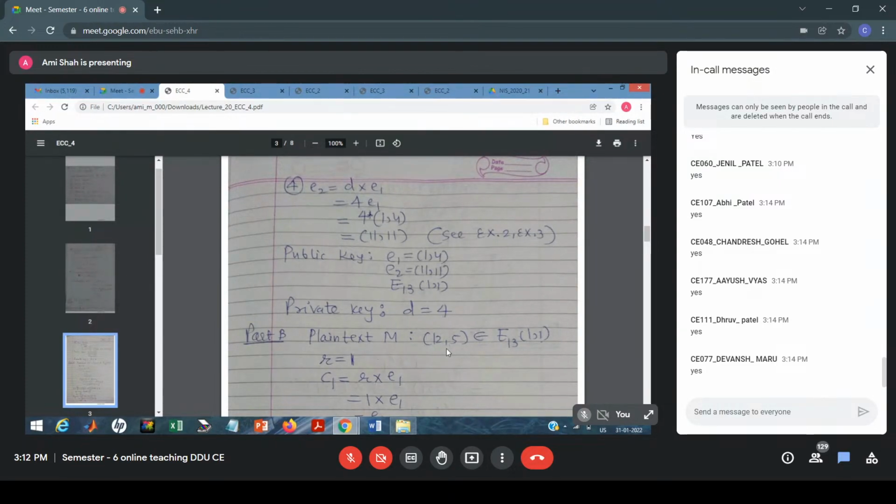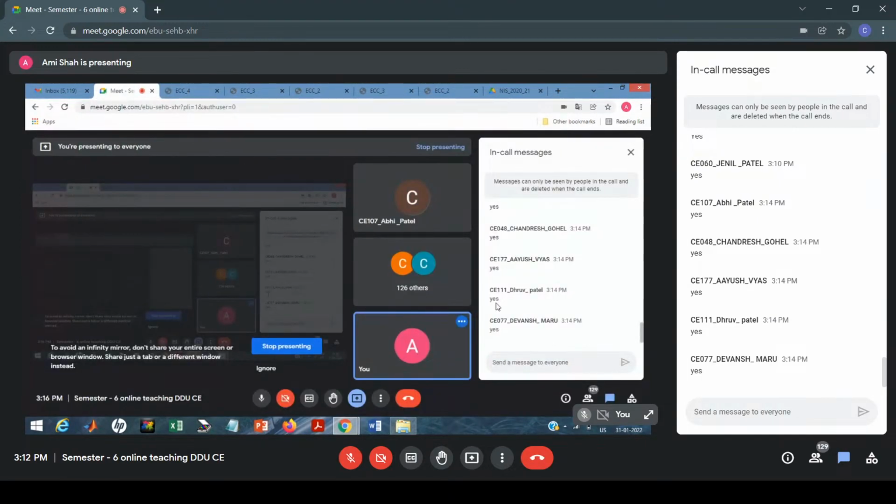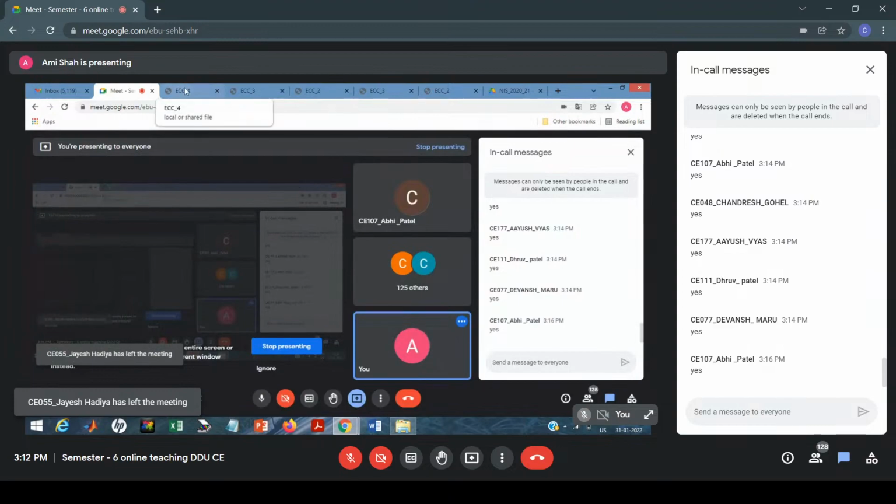For that, by using the algorithm, you have to perform the point generation, and whatever points are there for that curve, only from those points you have to select. Is it clear, everyone?